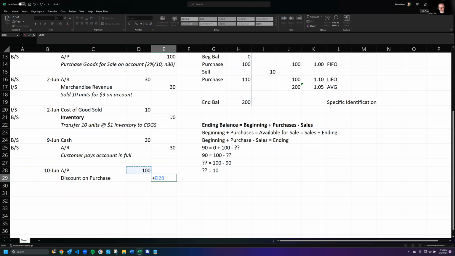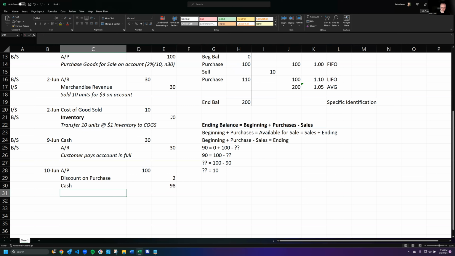So we're going to take 100 times 0.02, 2%. And my net amount is going to be the cash. So the easiest way to do that is the total amount minus the discount. And so this is paid AP within discount period. So that's how we'd record that.